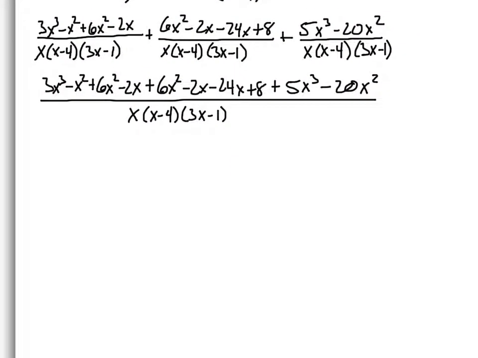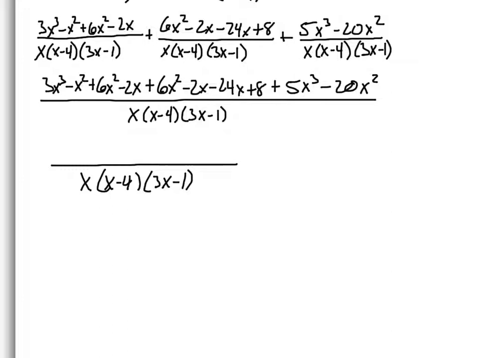All right, that looks nasty. So let's go through and see what we can do about reducing it. So our denominator has been staying the same this whole time. And let's start combining the top.